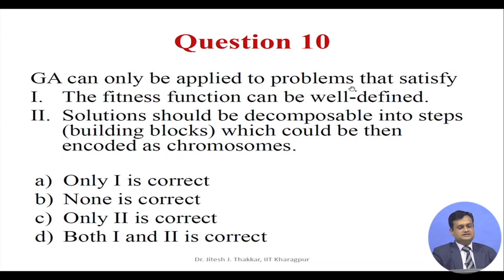Question 10, GA can only be applied to problems that satisfy: Number 1, the fitness function can be well defined. Number 2, solutions should be decomposable into steps, building blocks, which could be then encoded as chromosomes. The options are A, only 1 is correct, B, none is correct, C, only 2 is correct, D, both 1 and 2 are correct.